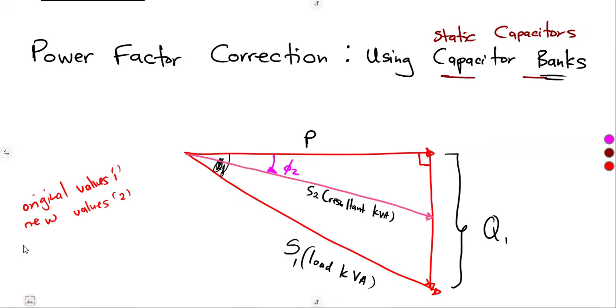The new values after the capacitor bank is inserted or installed. When it is installed, these are the values that you are referring to as the new values, denoted by 2.